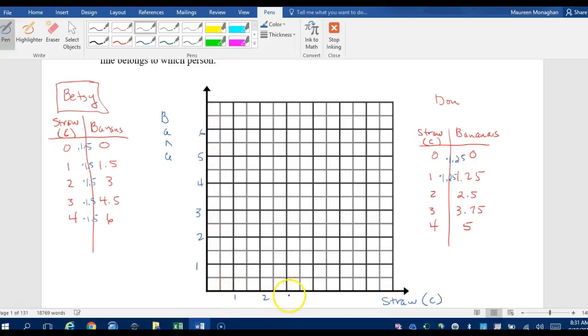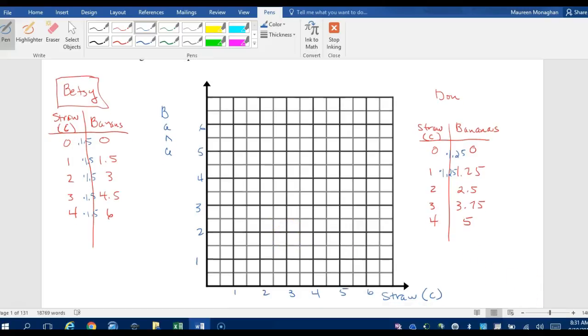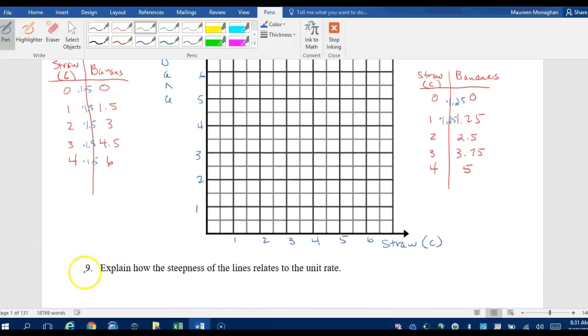Start here. I'm going to have you graph the line. Come in tomorrow with this all graphed, and then I would like you to finish number 9. So you have to do 8, the graph, and number 9. This concludes our lesson on comparing proportional relationships.